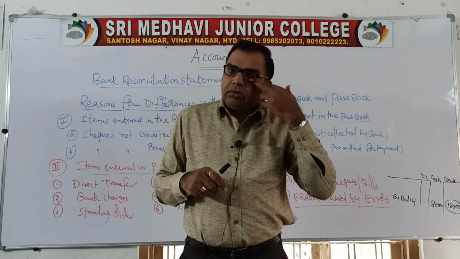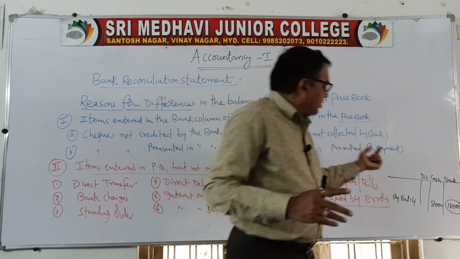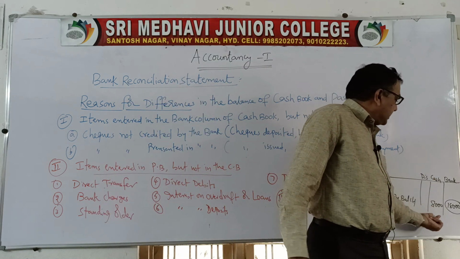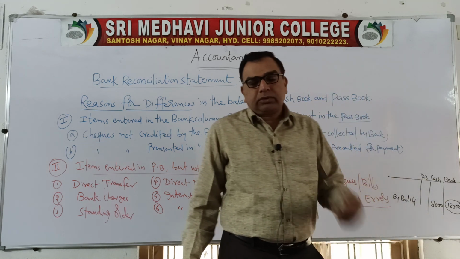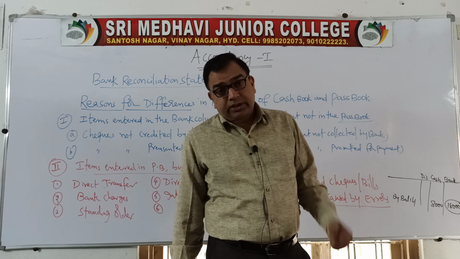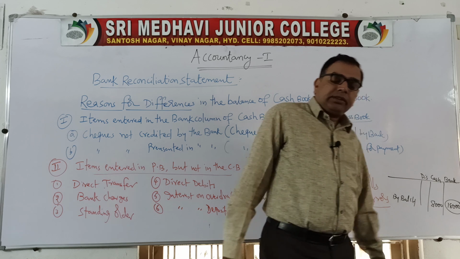To record cash transactions, you will have a cash column. To record bank transactions, you will have a bank column. That's how the 3-column cash book has come into existence. On the debit side you will have 3 columns, and on the credit side also 3 columns.